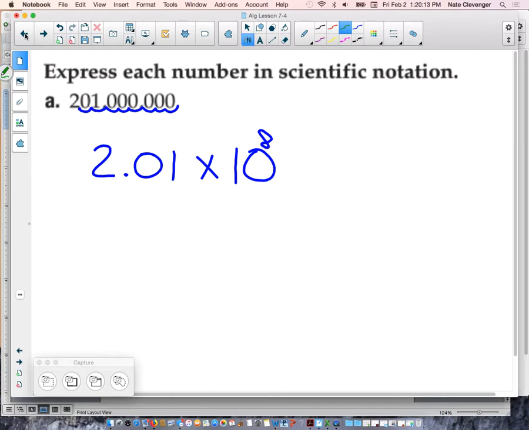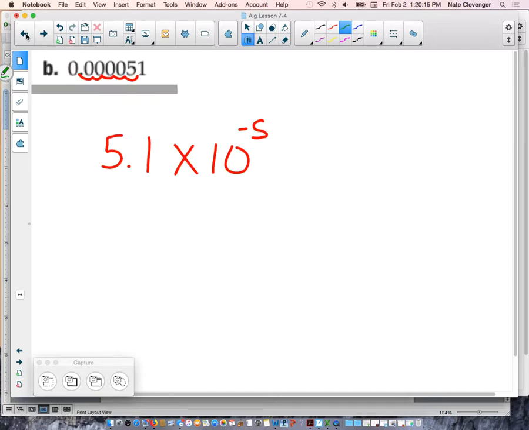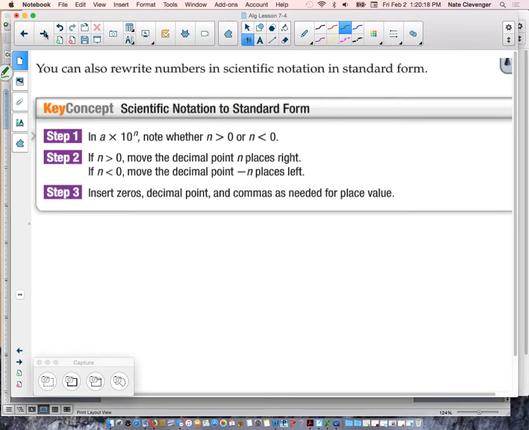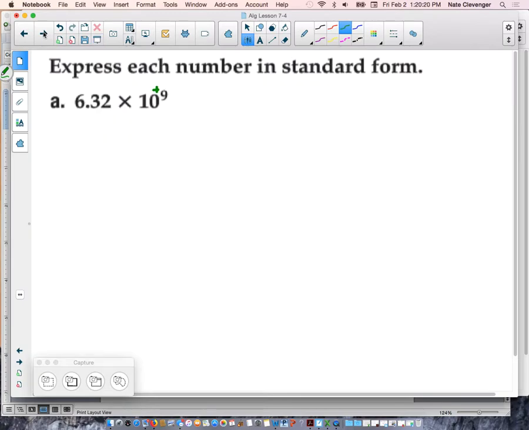And that happened in each of these situations. So if we have a positive exponent, then our standard form of the number is going to be a value greater than 1, which means we would need to move the decimal to the right. If we move it to the left, it's going to make it a number smaller than 1. So we're just going to move our decimal over 9 places.